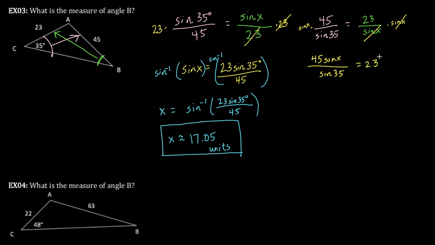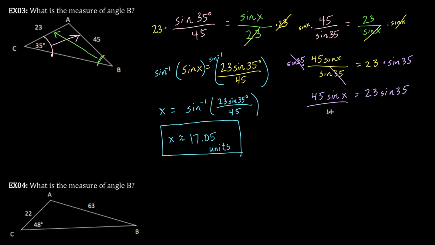Now, if you notice, this doesn't really help me a whole lot, but it does bring the x's up, they're up here now. So now I can move everything back. So I get 45 sine of x equals 23 sine of 35.